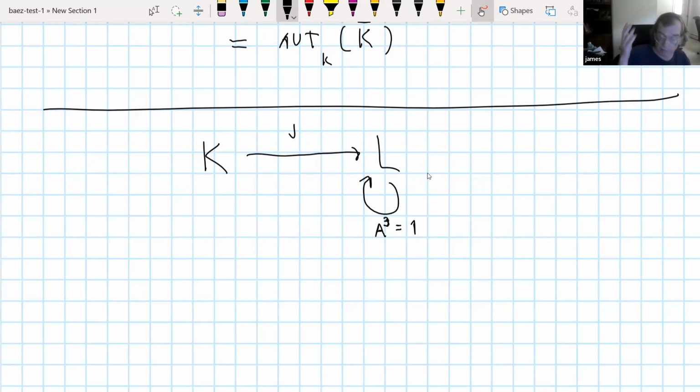Well, I'll just repeat what I said before: in the homotopy theory analogy, the field extension is basically some kind of space over the base space. But because it's a nice extension, it's actually just a covering space. So you've got a covering space, whereas the torsor is a principal G bundle with discrete fiber, right?